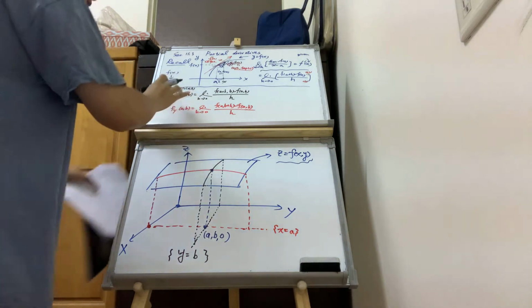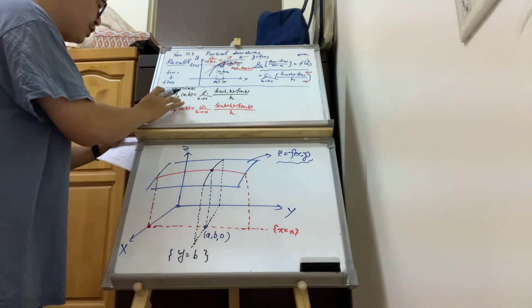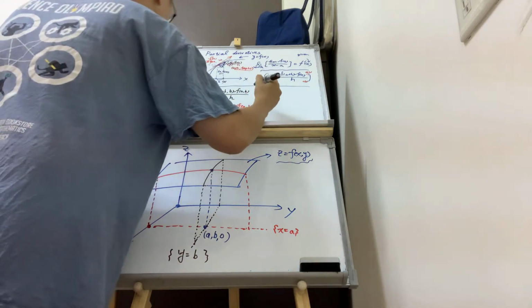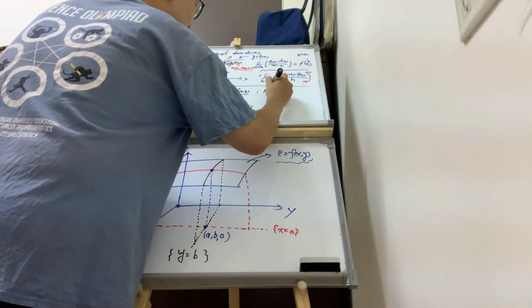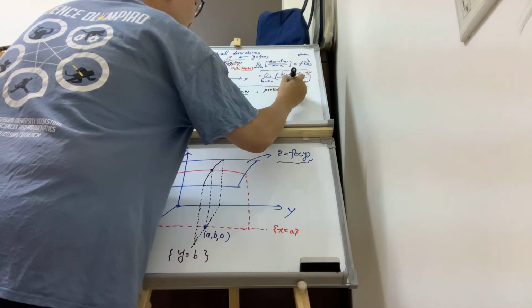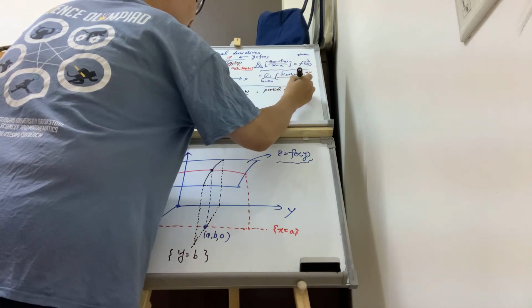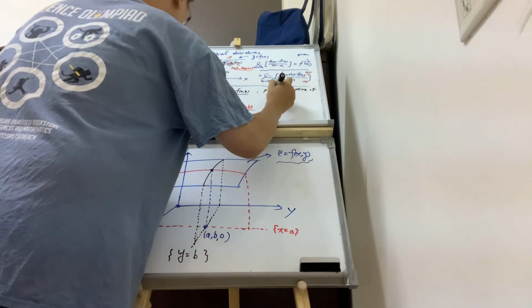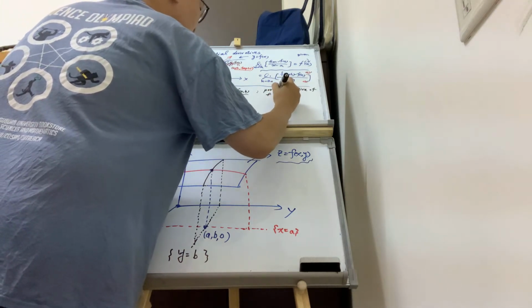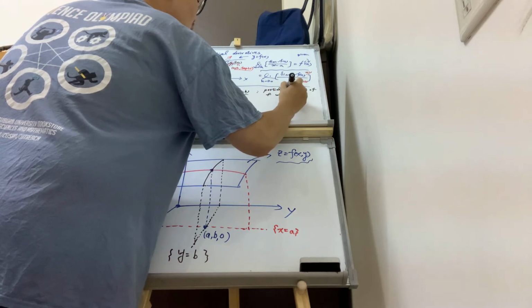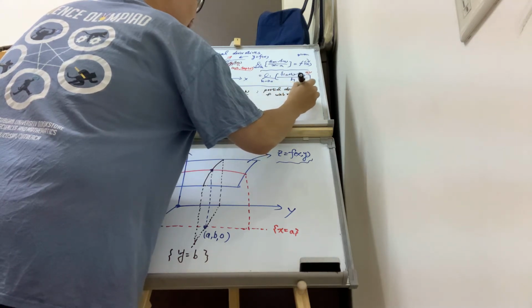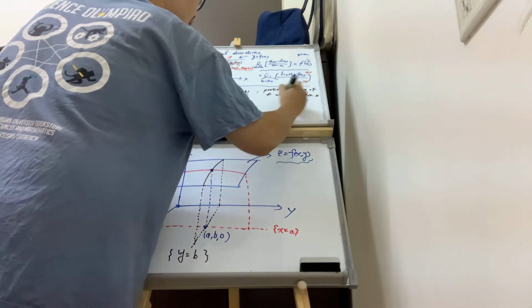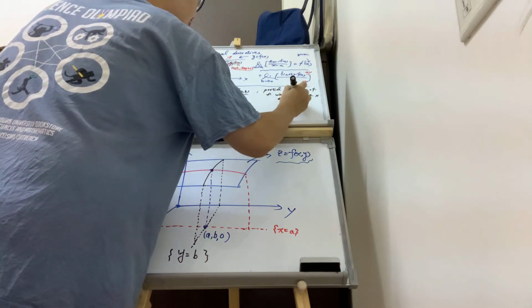Okay, so first of all, its partial derivative with respect to x is called the partial derivative of f with respect to x at the point (a, b).